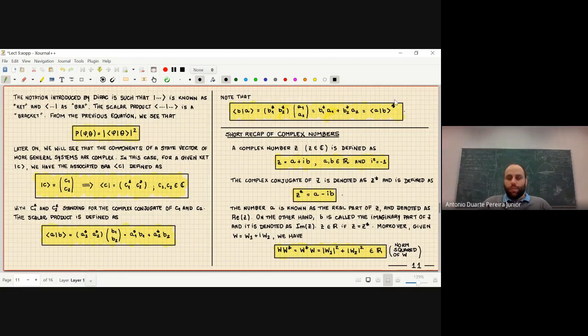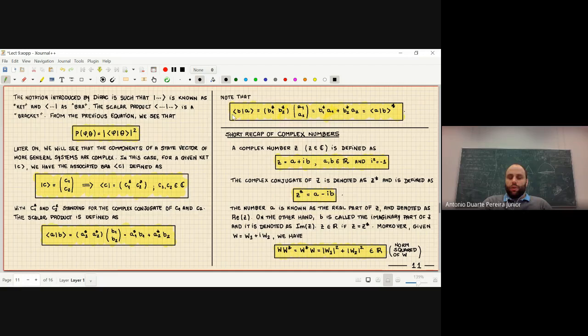So now you see that if I exchange the order, I get a number which is the complex conjugate of the first number. But of course, if I want to compute probabilities, I have to take the absolute value and square.